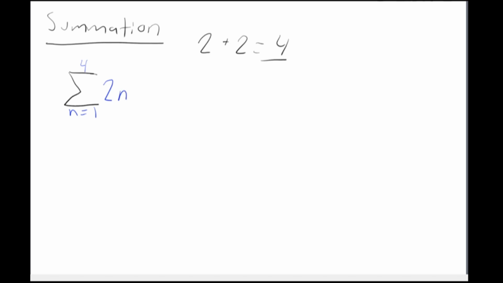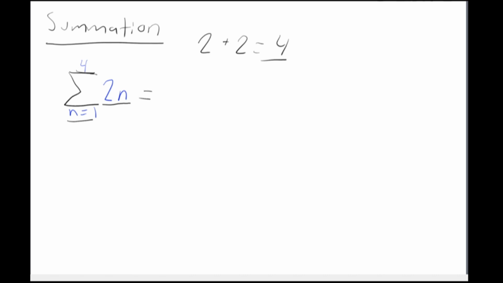So what this notation means is that we want to add up a bunch of different terms to get a final result. And this notation after the sigma is basically telling us what we're going to add up. This tells us where we start, and this tells us where we end. So we're going to start at n equals 1.